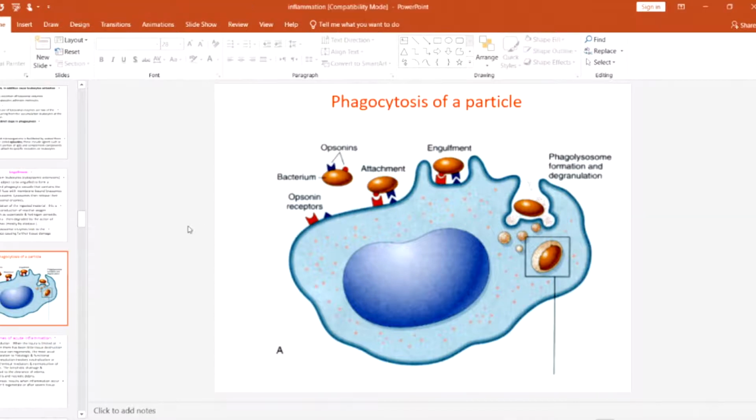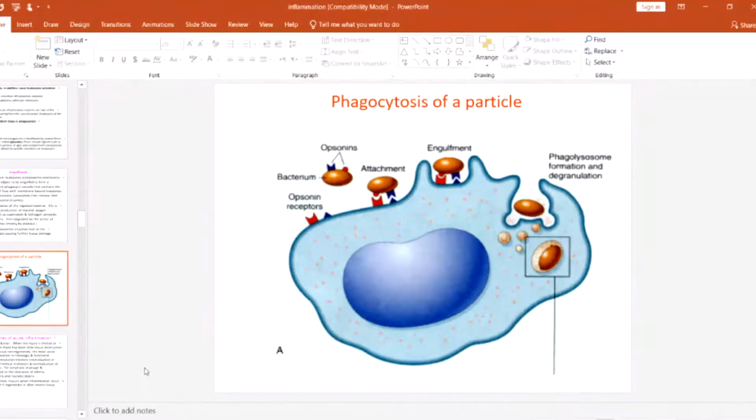After that it will release free radicals and enzymes, collagenase, elastase, protease. All these enzymes will kill and break down the bacteria in a step we call phagocytosis. Phagocytosis is an important step to finish the process of inflammation.